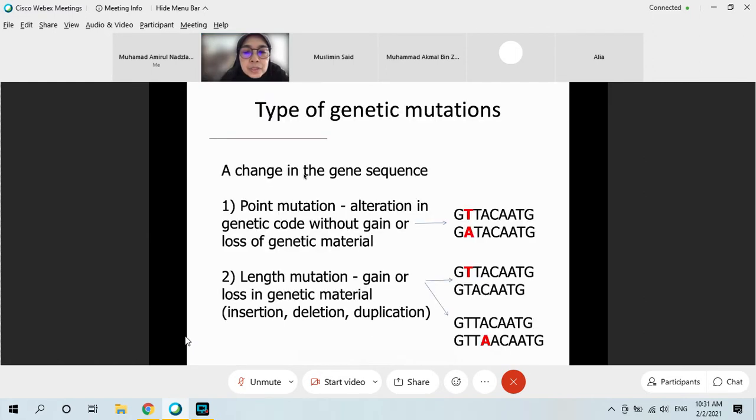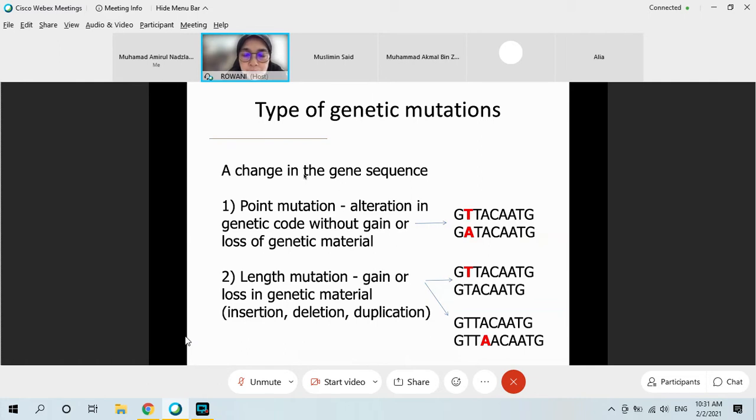Then what is gene mutation? It simply means that there is a change in the gene sequence. It's almost the same as chromosomal aberration, except that chromosomal aberration is bigger, and you can see it under microscopy, in contrast to gene mutation. So I just want to say that you have point mutation or length mutation.